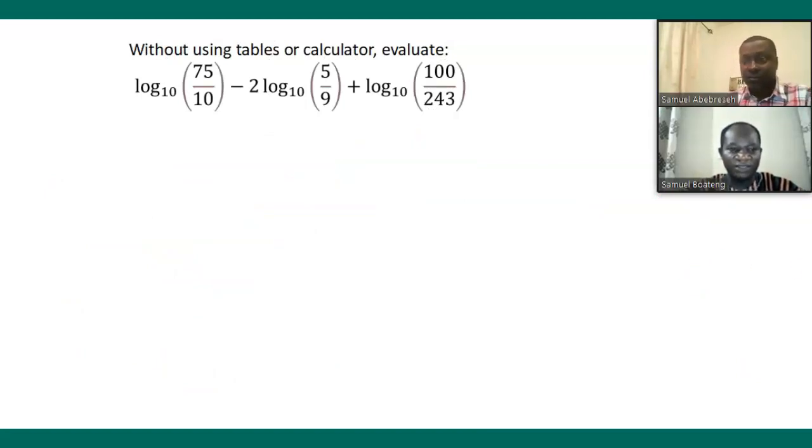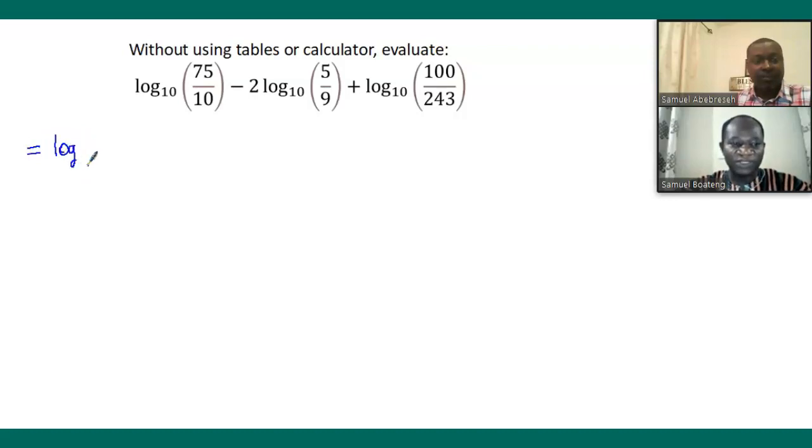Yes. Without using tables or calculator, evaluate log to the base 10, 75 on 10, minus 2 log 5 on 9 to the base 10, plus log 100 on 243 to the base 10. This is similar to the previous question. So we still make use of the laws.